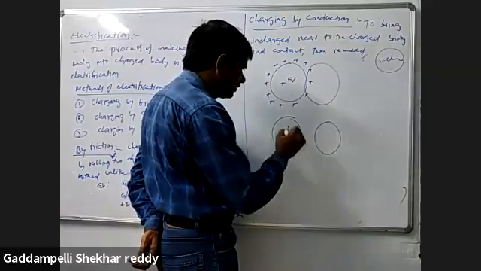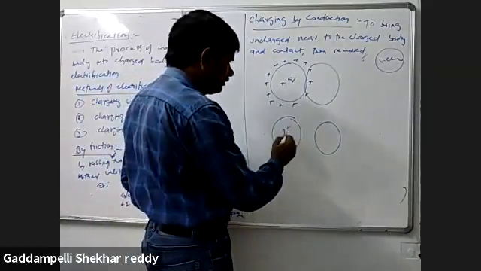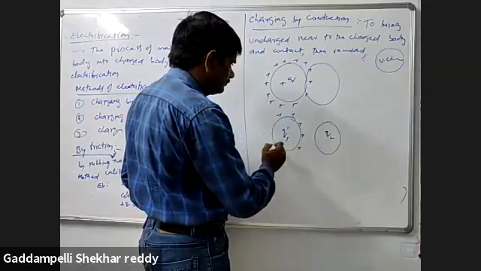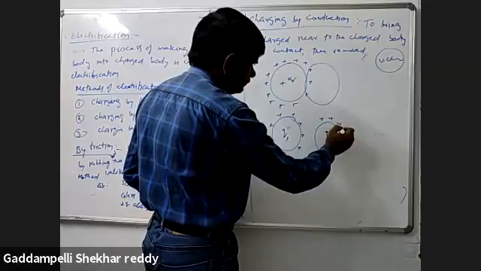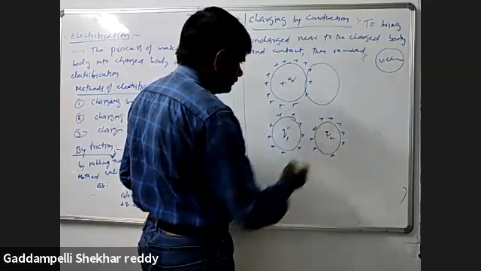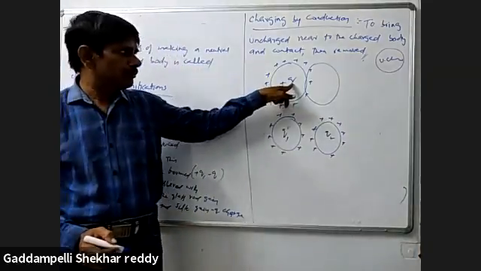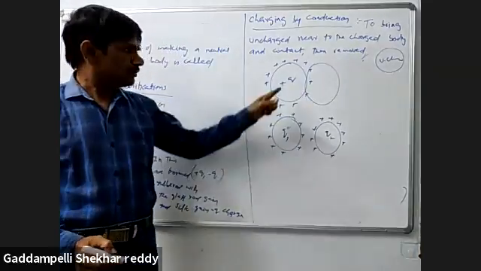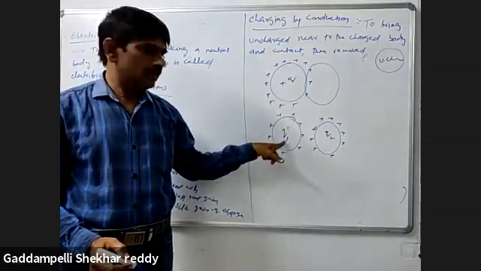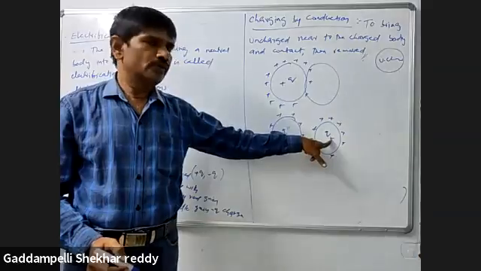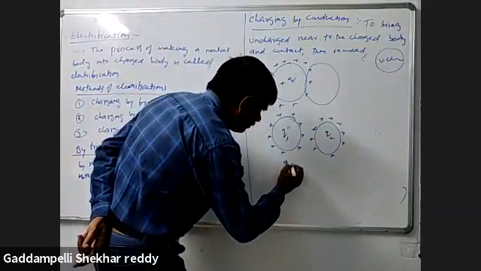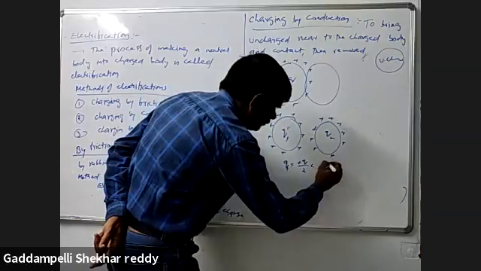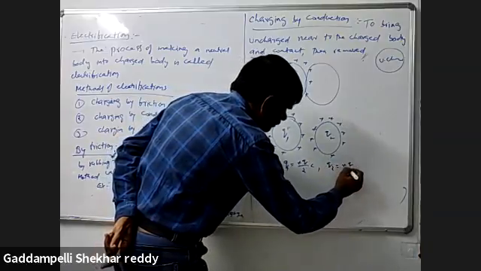After dividing, let the charge be Q1 on one and Q2 on the other. Initially only the body with plus Q is charged, and the uncharged body is brought near it and contacts it. After dividing, the charged body gains Q1 and the uncharged body gains Q2. Here Q1 is equal to plus Q by 2 coulomb, and Q2 is also plus Q by 2.